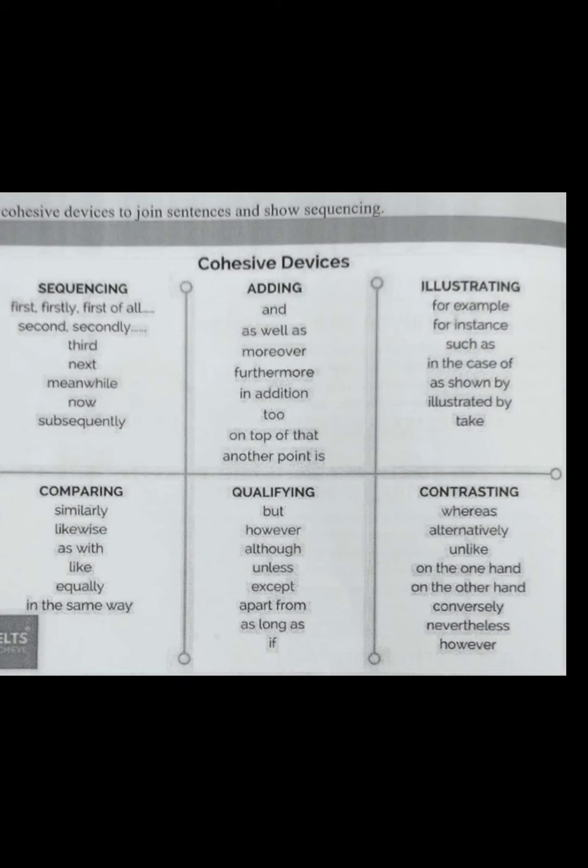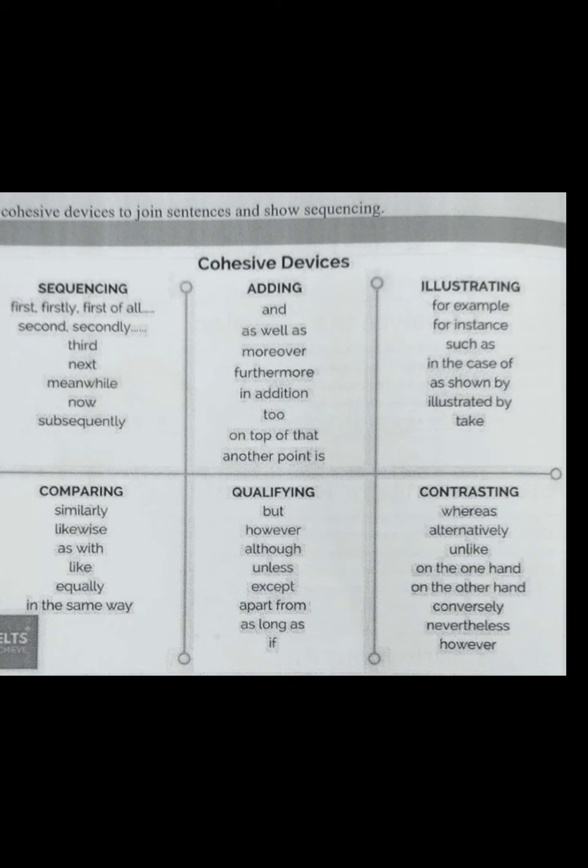So now for the cohesive devices, here are some examples. You have sequencing, adding, illustrating, comparing, qualifying, and contrasting. Alright, there are examples for each given to you in the picture.